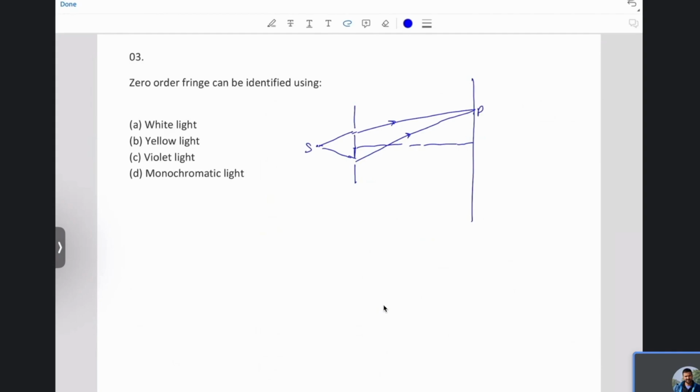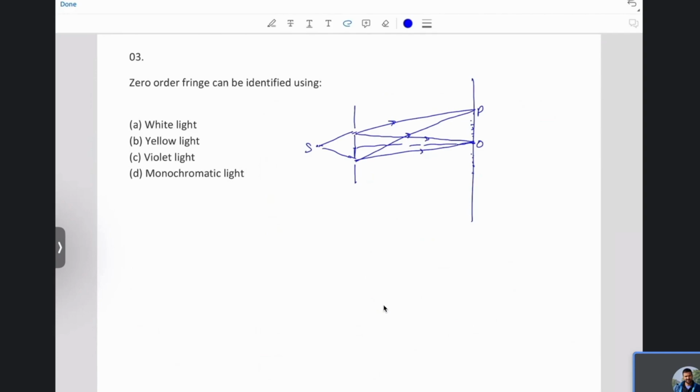But at the center, the path difference is the same between the two lines, and so there is always constructive interference here. And at all the other points there will be either destructive or constructive interference based on the path difference or the phase difference between the two lines.